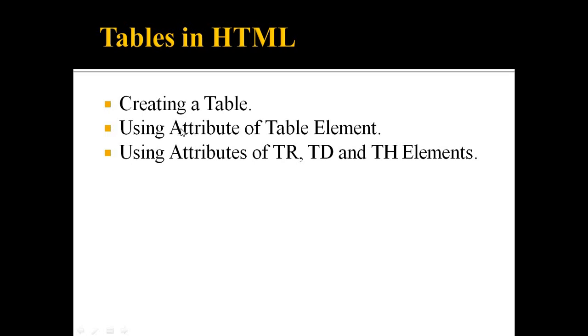Like we saw there were attributes in the image element, like src meaning source file, alt alternative text, width, height. Then the type attribute we used in the unordered list and ordered list. In the same way we have different attributes for the table tag as well. We will see them slowly.